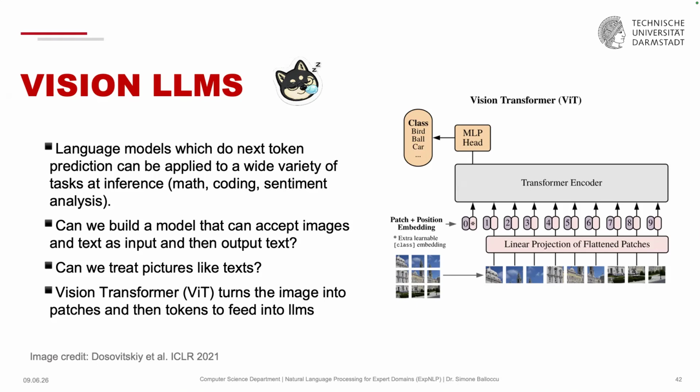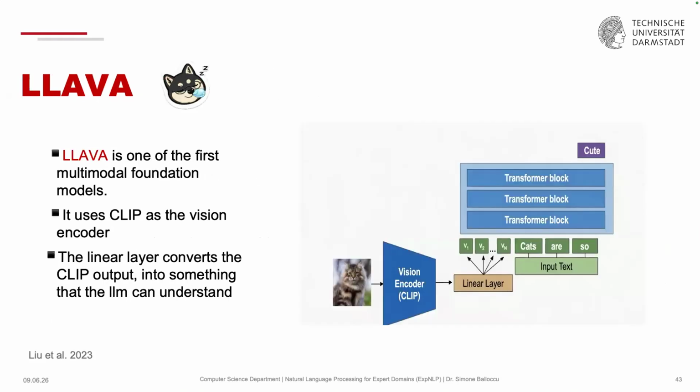So we use this output for downstream tasks, for example, classification and so on. So this was a really successful architecture, but it only analyzed an input image. It wasn't able to take image and text together as an input.